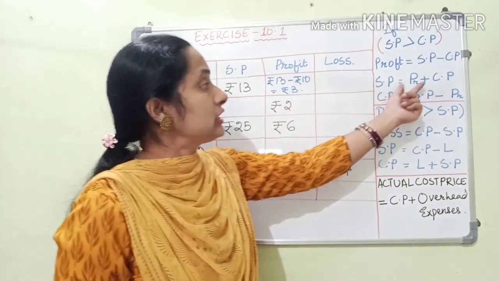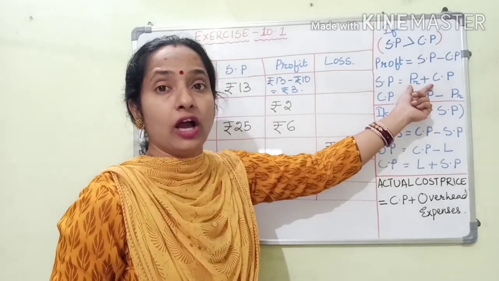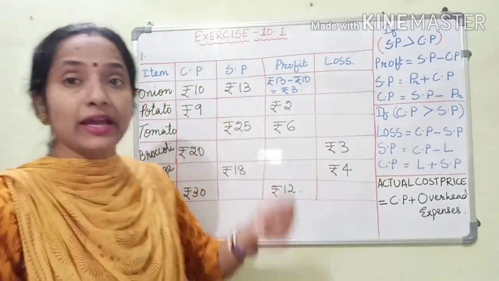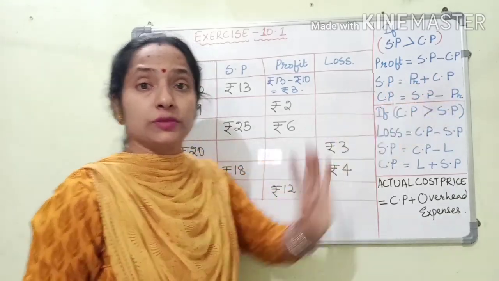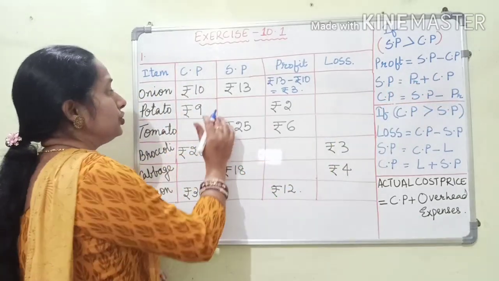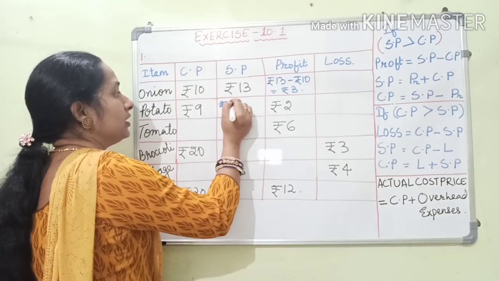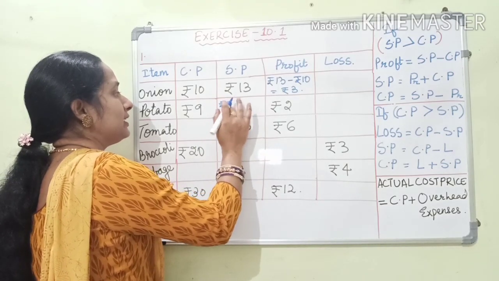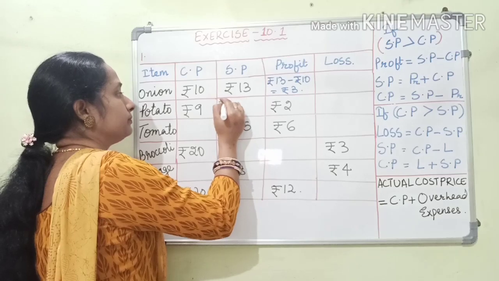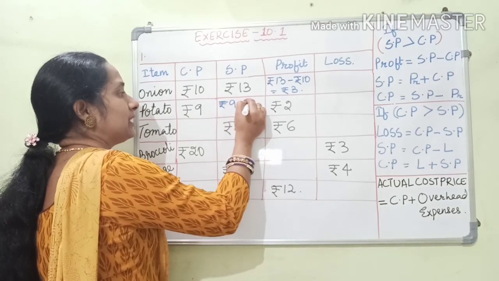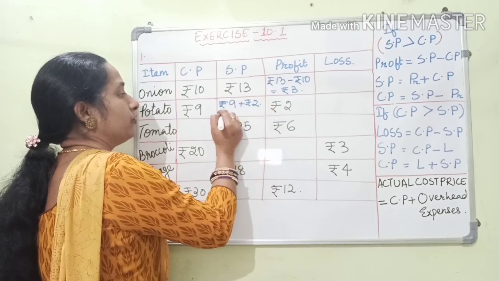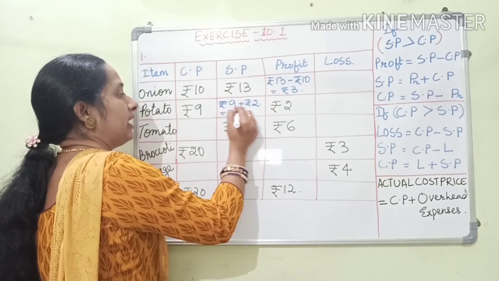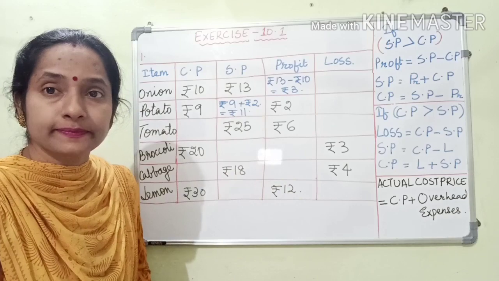When cost price and profit are given, how will you find the selling price? The formula is selling price equal to profit plus cost price. So you will add the cost price, rupees 9, plus the profit, rupees 2, and you will get rupees 11 as the selling price.